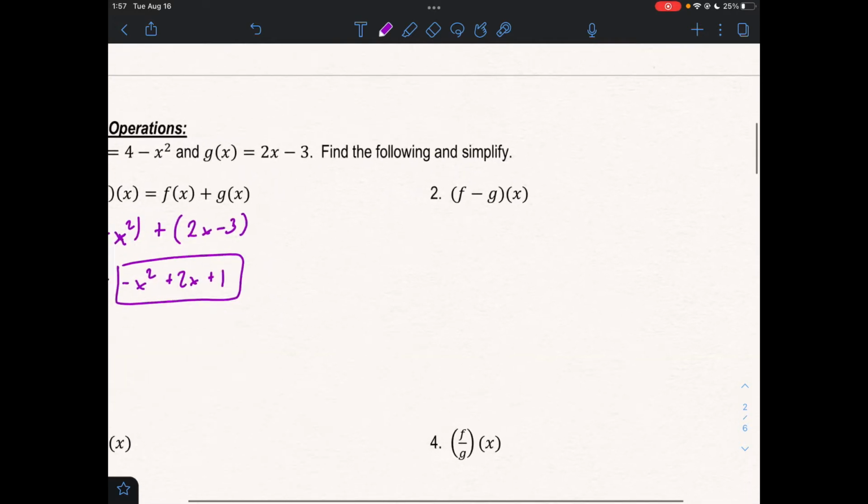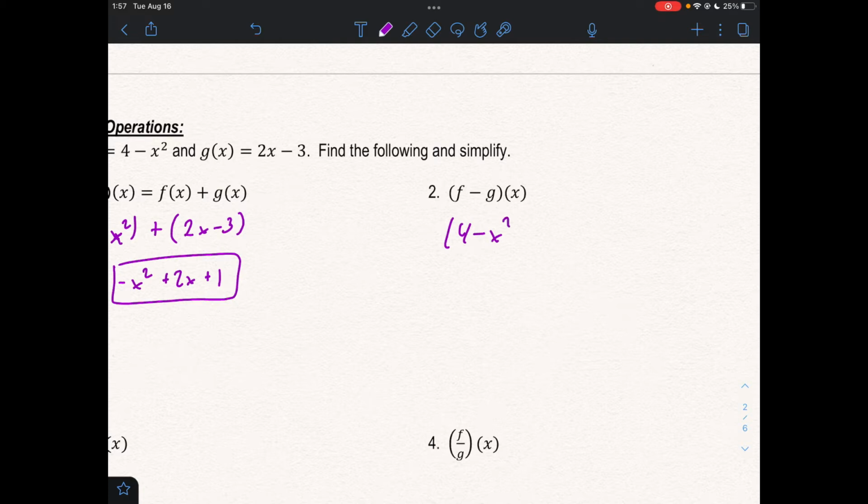Okay, so f of x is 4 minus x squared minus g of x, which is 2x minus 3. So that's 4 minus x squared minus 2x plus 3. And again, combining some like terms, we get negative x squared minus 2x plus 7.